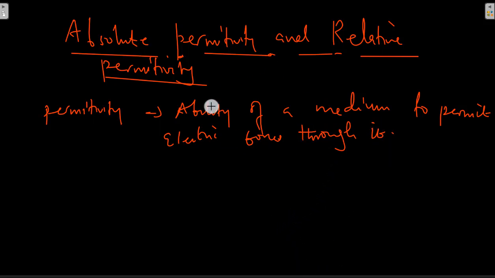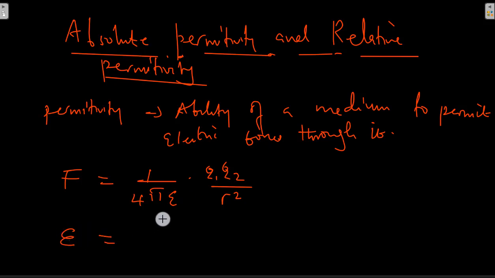Air or vacuum is best known to do this because it has one of the highest permittivities that we can always know. So from the formula F equals 1 over 4 pi epsilon naught times Q1 Q2 over R squared, let's try to make epsilon, the permittivity, the subject of the formula. What will that become?